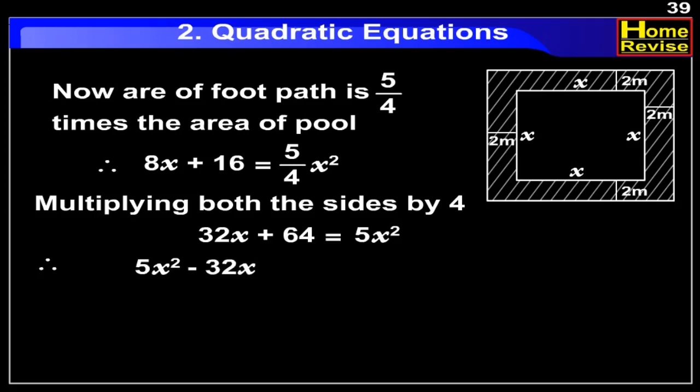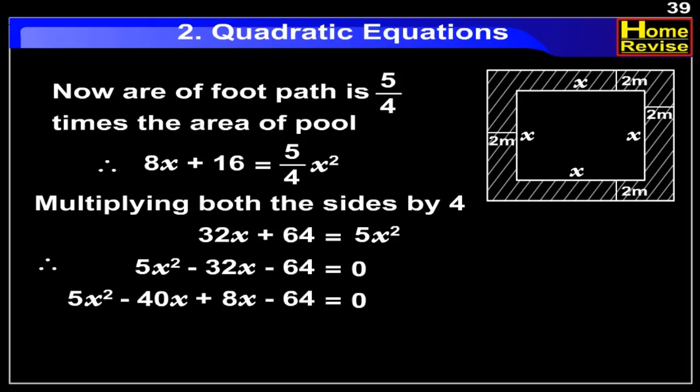Therefore, 5x square minus 32x minus 64 is equal to 0. Now, factorizing by splitting the middle term, we get 5x square minus 40x plus 8x minus 64 is equal to 0. Removing 5x common from the first two terms, we have 5x in bracket x minus 8.